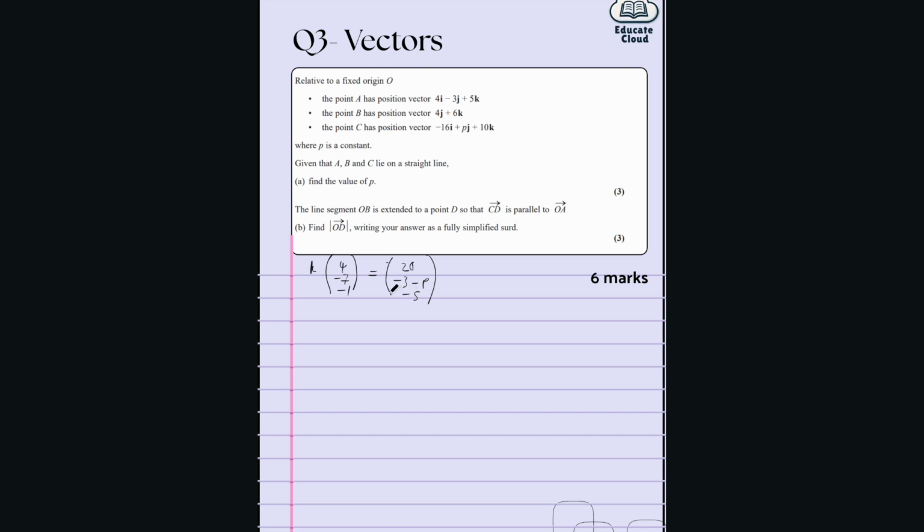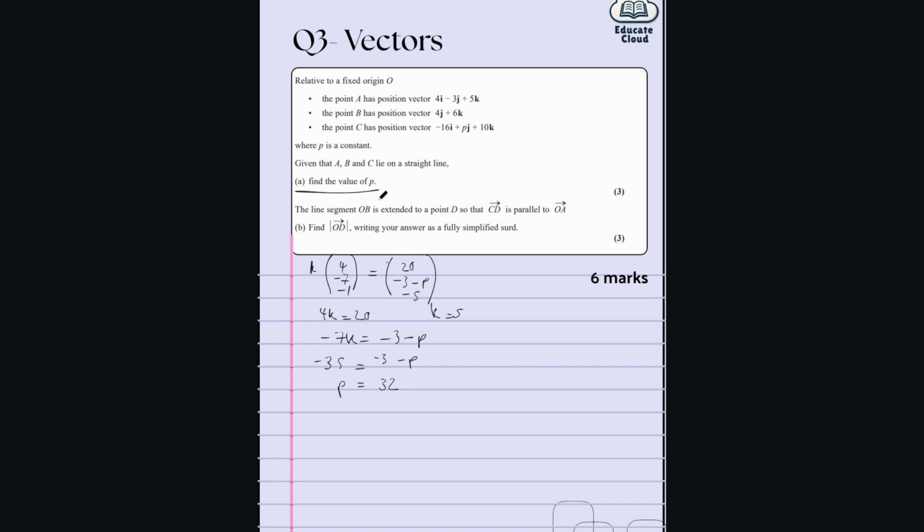And so we can set up 3 different equations to work it out. So we know that 4k is equal to 20, so immediately we know that k is 5. Then secondly, we know minus 7k is equal to minus 3 minus p. So we already know k is 5, so that's going to be minus 35 is equal to minus 3 minus p. So p will be equal to 32, which is your answer for this.